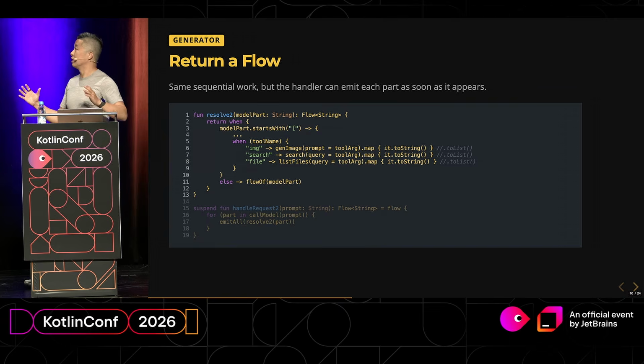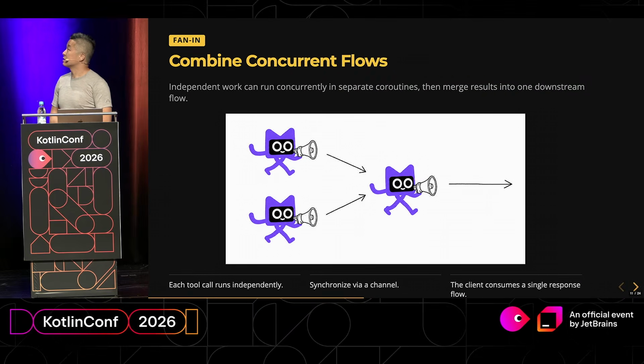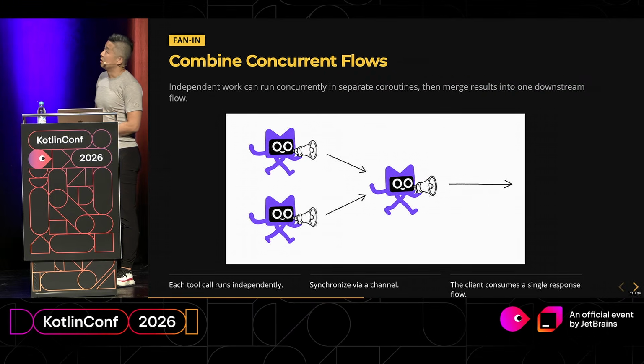It still runs the tools in sequence, so it doesn't reduce the overall latency. To reduce the overall latency, we definitely want to run those tools independently, because why not? Those tools are independent of each other. There are no dependencies. So that gives us the next pattern.